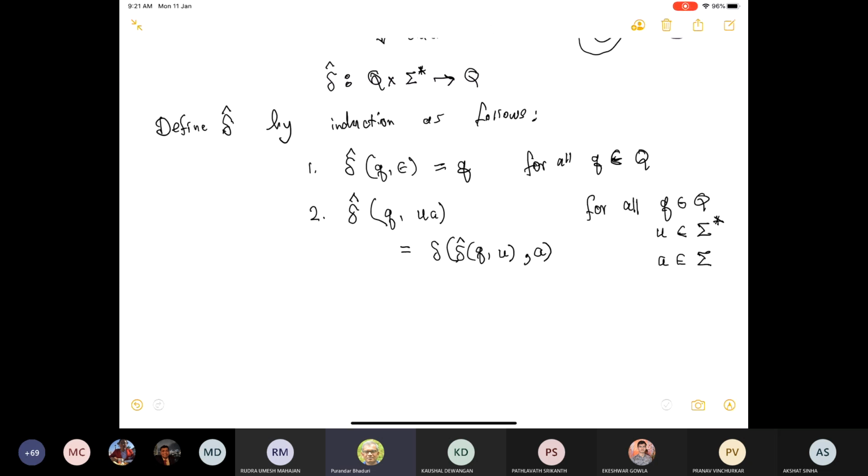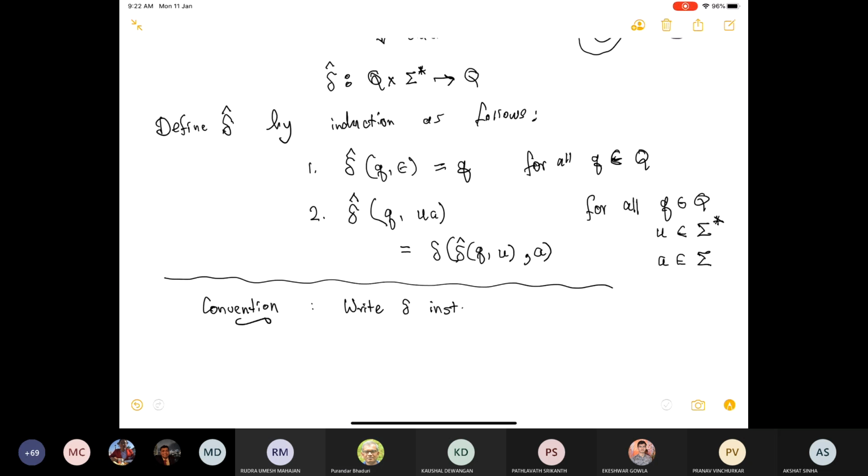Okay. So having defined that, let us agree that from now on, we write delta instead of delta hat.